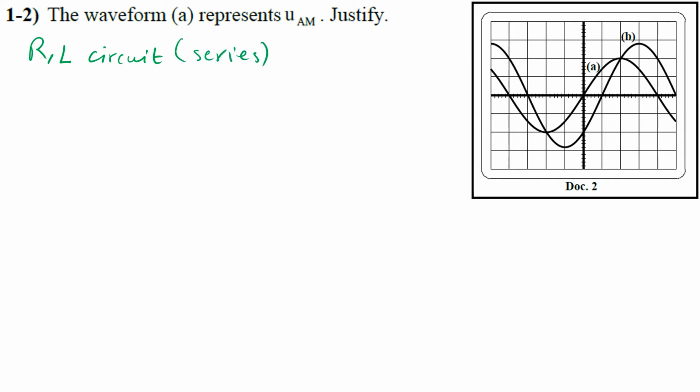In this case, we can say that UG leads the current I. And since curve A, if you check, this is curve A, it reaches 0 before curve B.